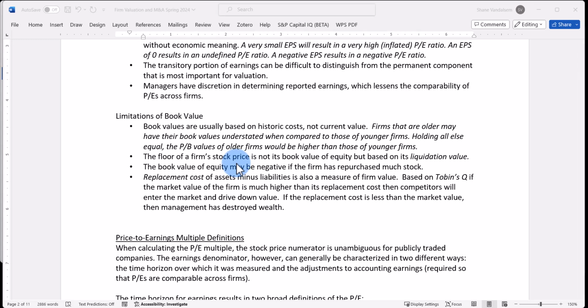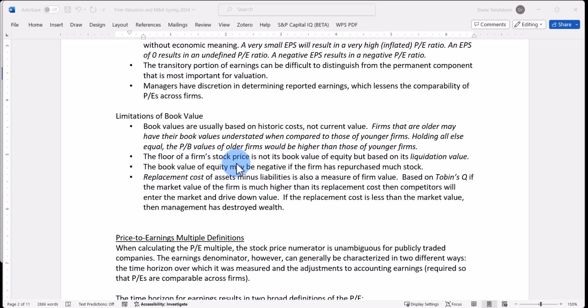Finally, the replacement cost of assets minus liabilities is also a measure of firm value. I mentioned the liquidation value before. The replacement cost is another way that we can value a firm. If we took the assets of the firm and figured out how much it would cost to replace them today, this is another method of considering the value of the assets of the firm compared to their historic cost.